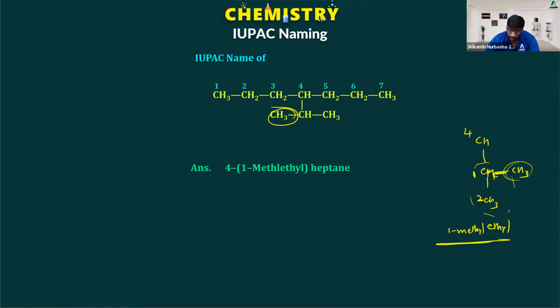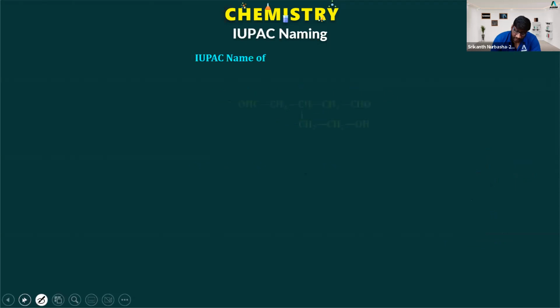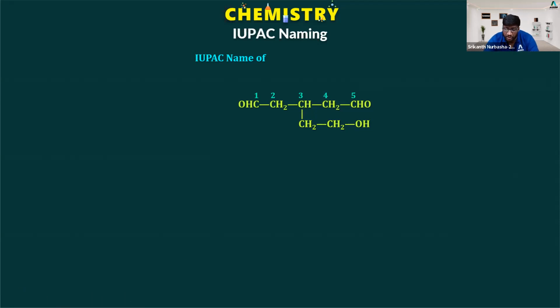Right. So next questions. CHO, CH2, CH, CH2, CHO, CH2, CH2H. It is also simple name. Like on the third position, you have 3-(2-hydroxyethyl), pentane-1,5-diol. Right?